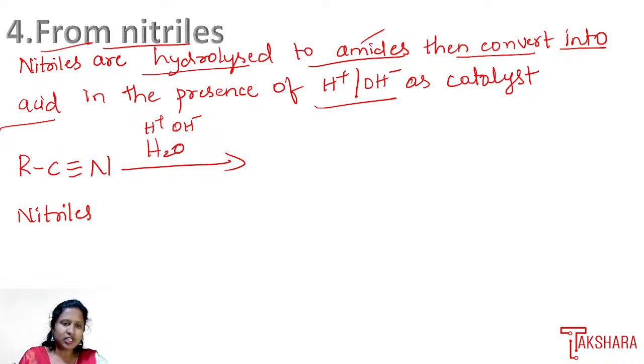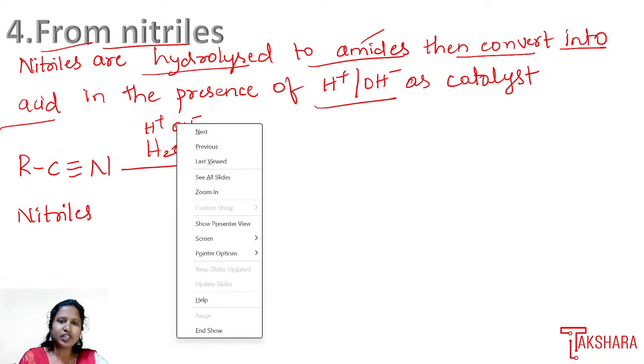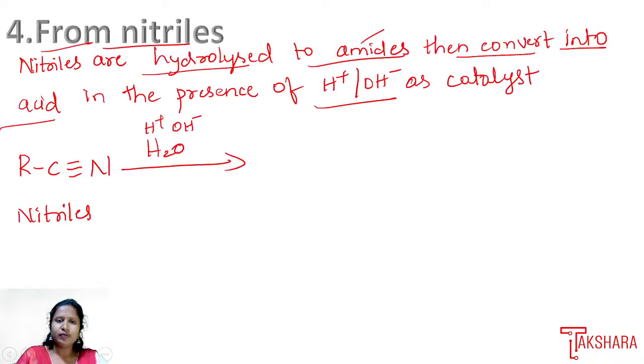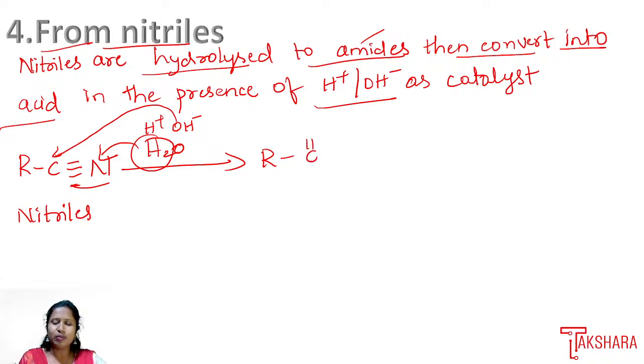So this oxygen shifts towards the carbon atom because it is electron deficient, and the H2 shifts to the nitrogen atom, and the triple bond is converted into a double bond, giving RC double bond O NH2, which is called amides.